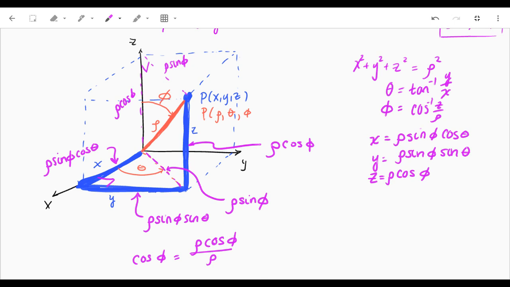And rho cosine phi is just z. So that's where that comes from. Seems like a kind of weird relationship, but it's right there. So there you go.